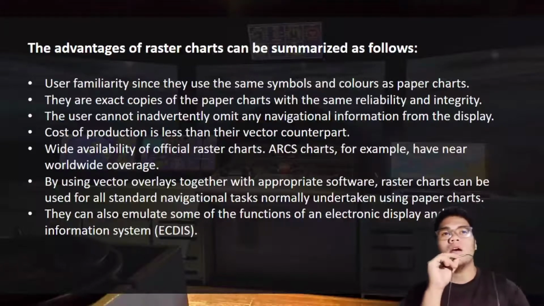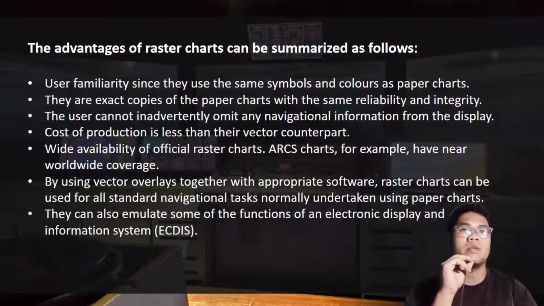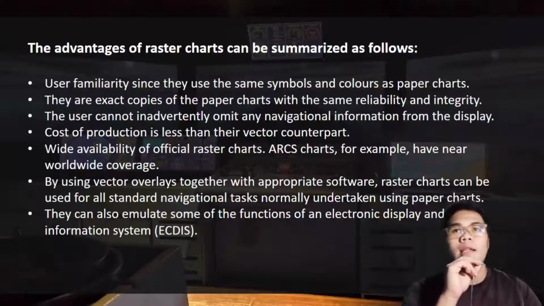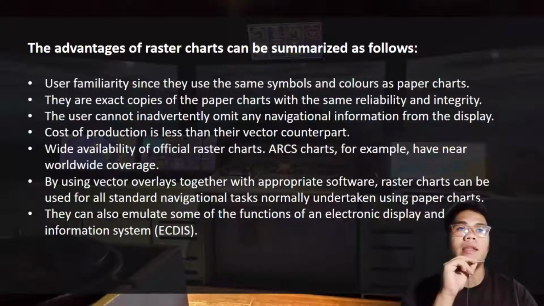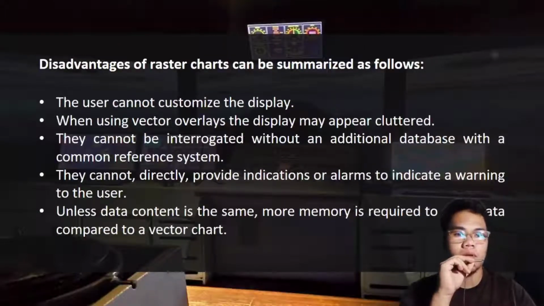So what we normally do with paper charts, we can also easily do when using the appropriate software. Lastly, they can also emulate some of the functions of an electronic display and information system.